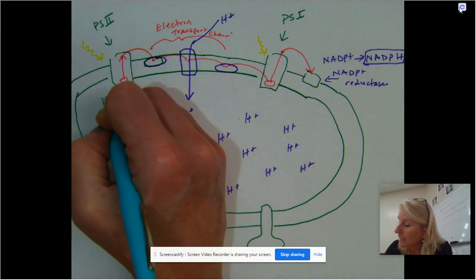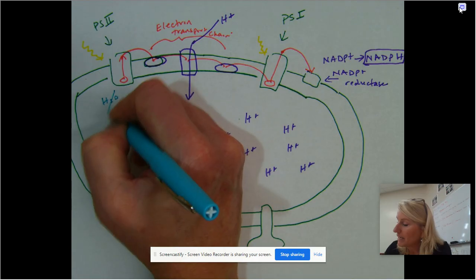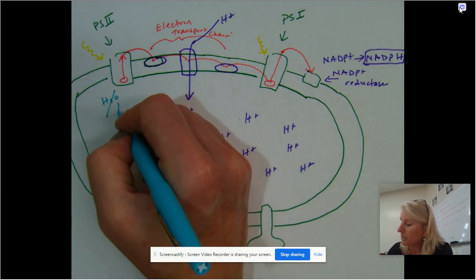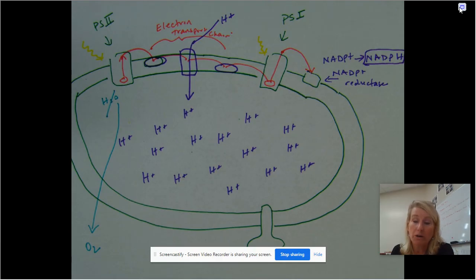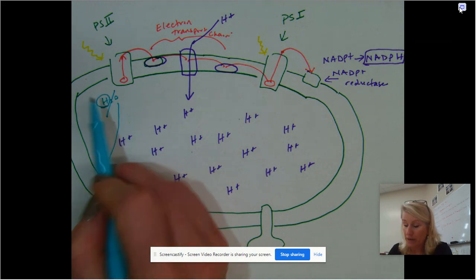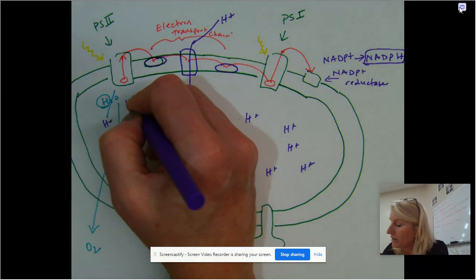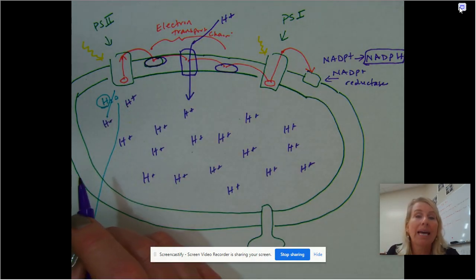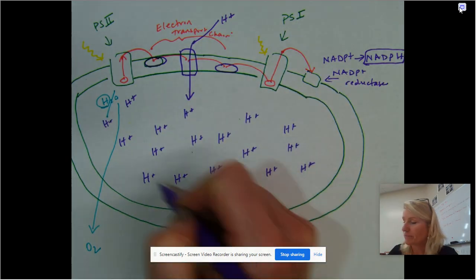And we're going to replace it by splitting water. We're actually going to split it, and our oxygen gas is going to leave. We actually have to split 2 water molecules to make 1 molecule of oxygen gas. And when we do that, looky here, we are left with more hydrogen ions. Thank you, water. By splitting water, we gain 2 more hydrogen ions in here in this inner concentration.